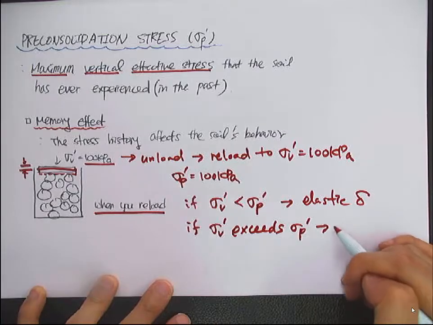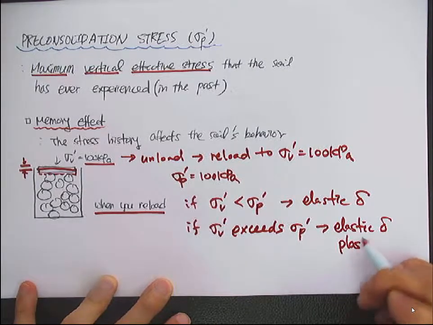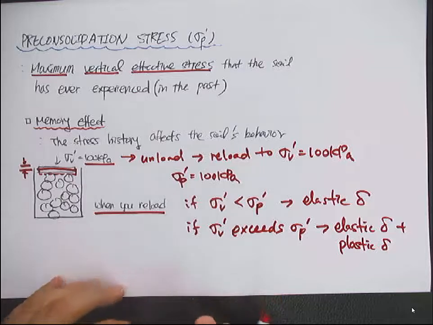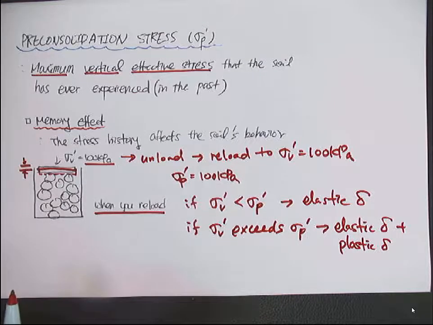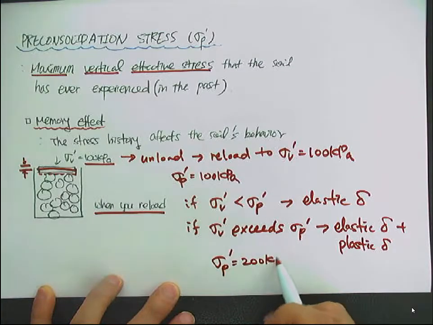So then elastic and plastic deformation occur together. And once the settlement has occurred, the pre-consolidation stress, the maximum vertical effective stress, becomes 200 kilopascals. Okay?